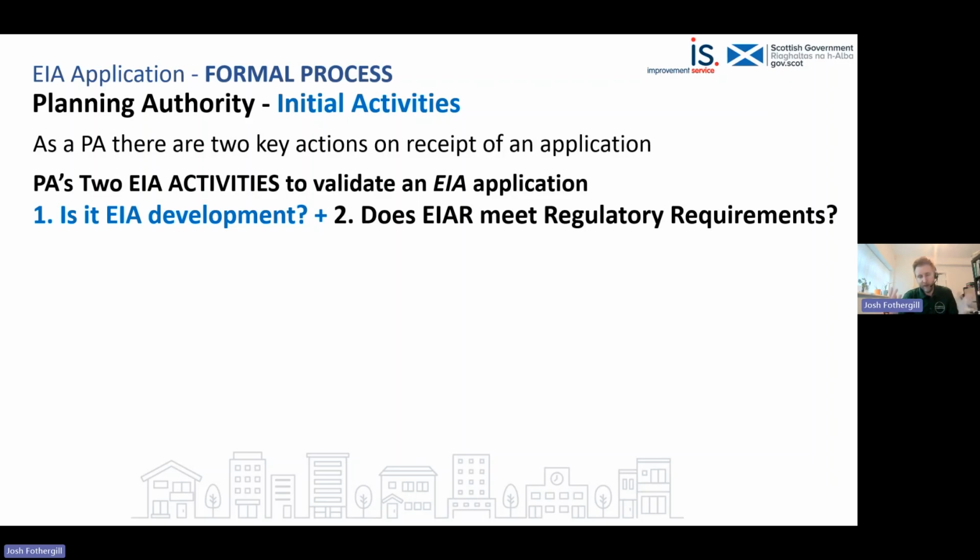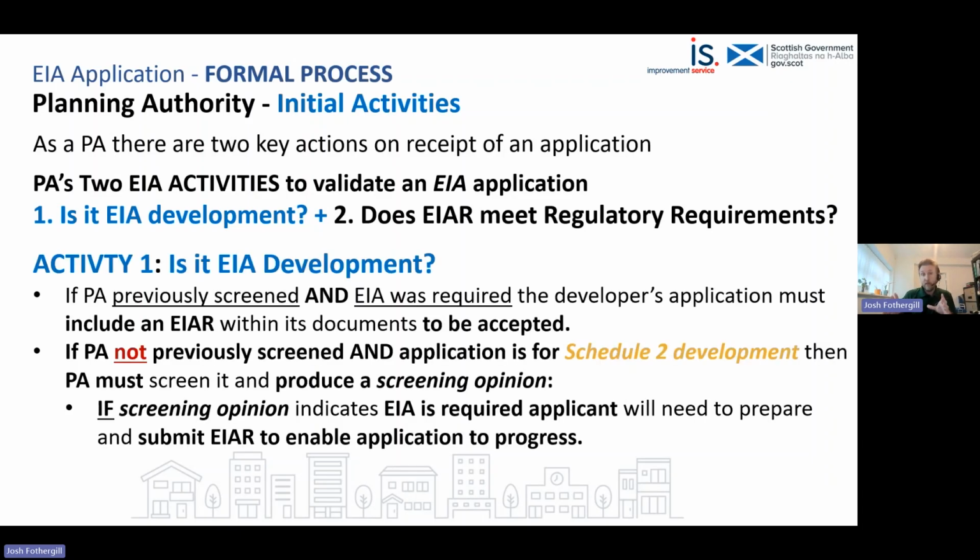Now that's obvious if it's had an EIA report submitted to it, but the reason I bring this one in is there can be times where we have developments come forwards that didn't seek a screening opinion. So the developer didn't make a screening request earlier to say, does EIA apply? And they can be a Schedule 2 development.